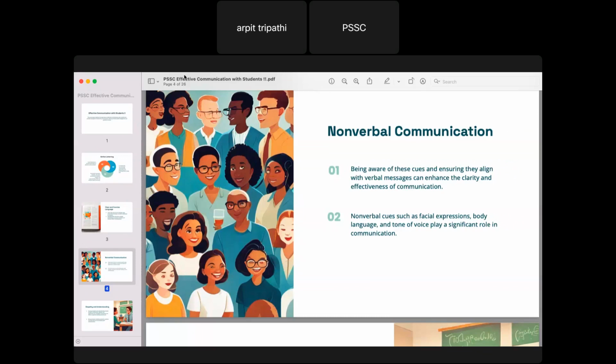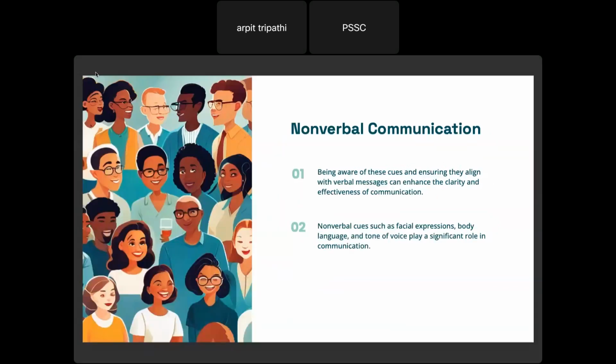Moving to the next slide, the role of empathy and understanding in a teacher-student relationship. This is something we talk about too much, but it is practiced only occasionally.